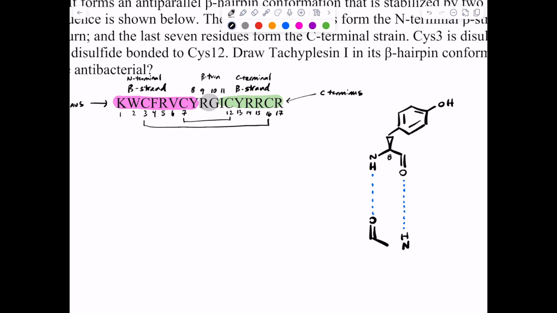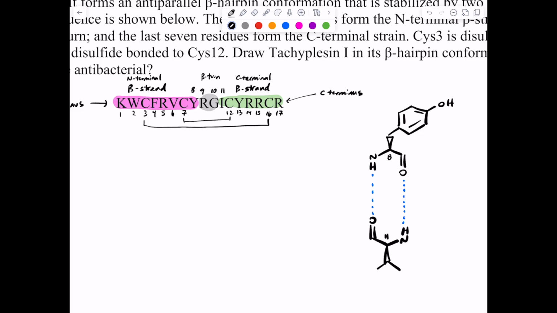Why doesn't that look better than it does? And you want the NH on the amino acid below to line up with the CO on the amino acid above. This would be isoleucine 11.